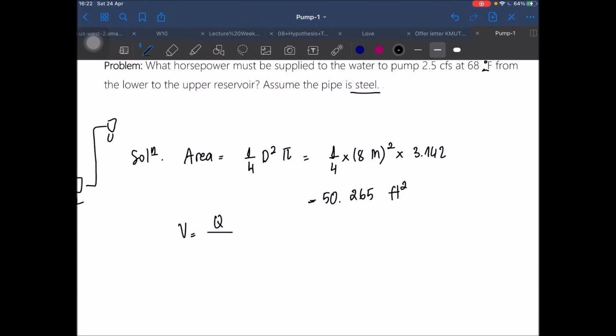Q equals A v, so v equals Q over A, and the Q they gave us is 2.5 cfs over 50.265 square.